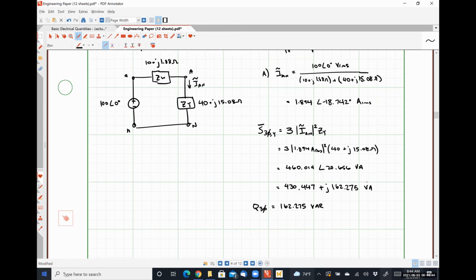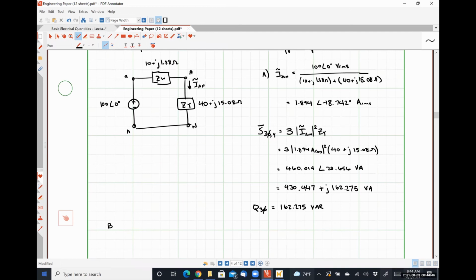So I would argue for part B, we could say that IAA is exactly equal to IAN, which was 1.894 with an angle of negative 18.742 degrees amps RMS.